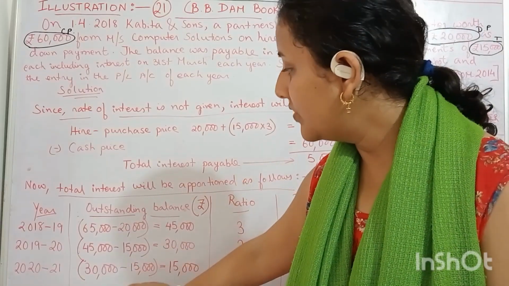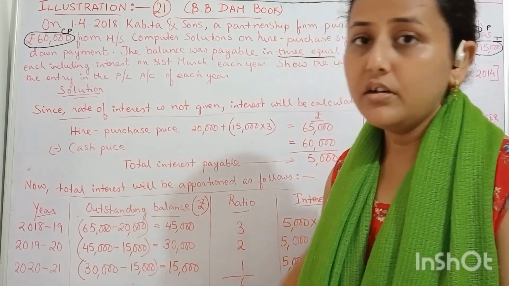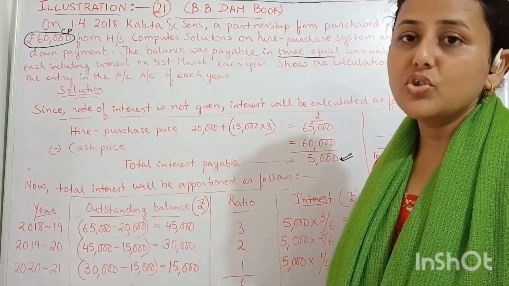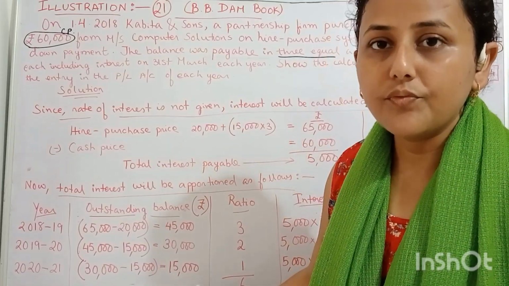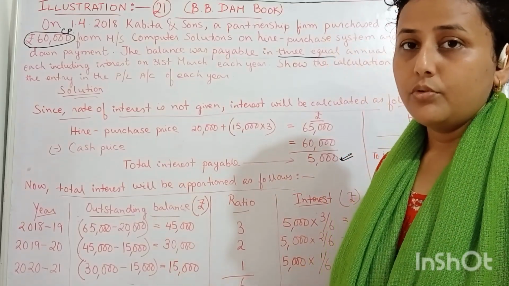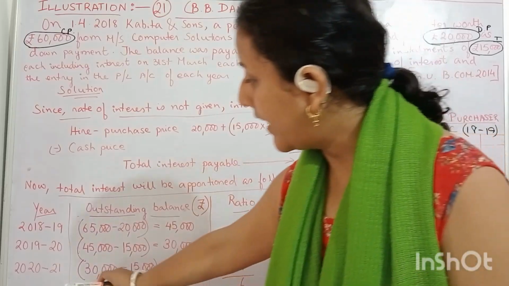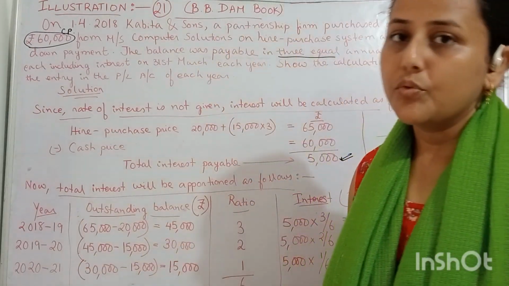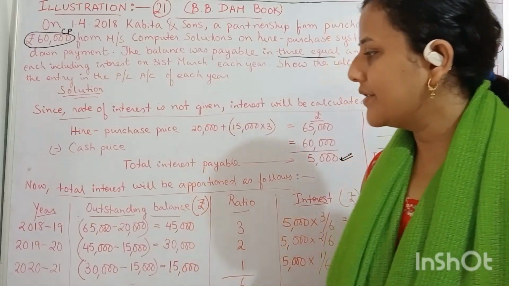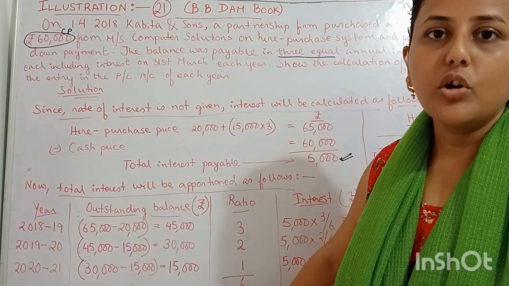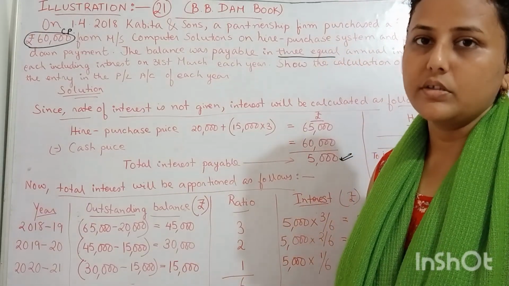Again in the beginning of the third year, the second installment of 15,000 was paid, so what is left over is 15,000. Then at the end of the third year, the third installment was paid. So 15,000 minus 15,000, 0 will not be considered.